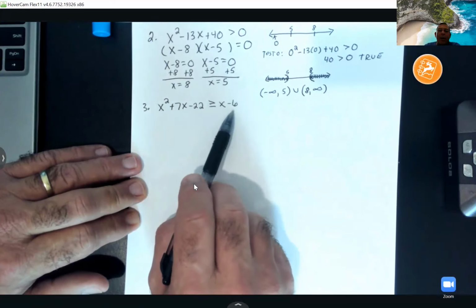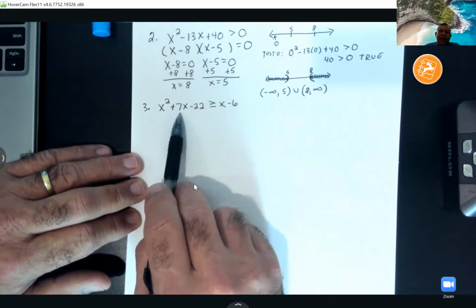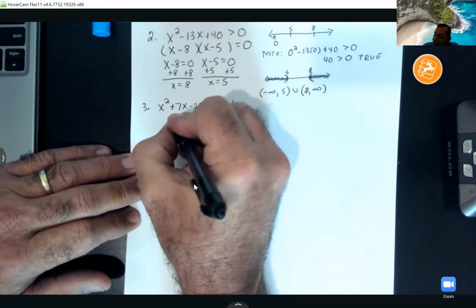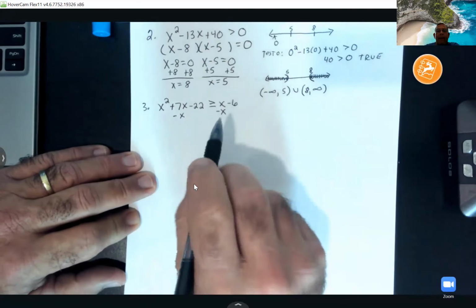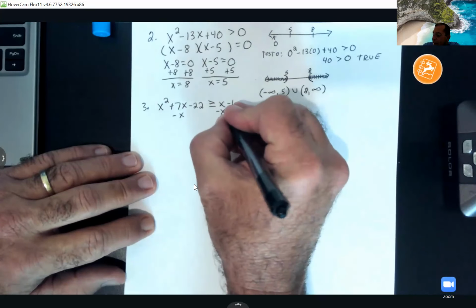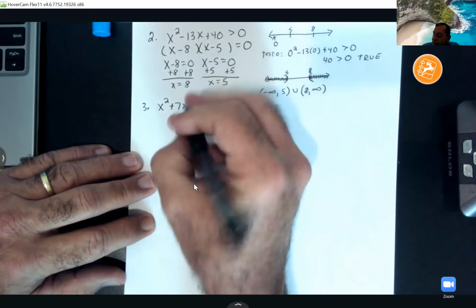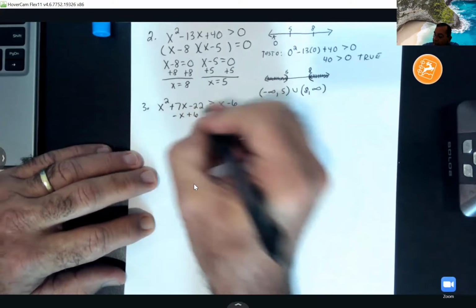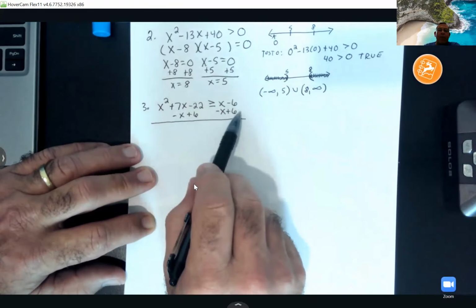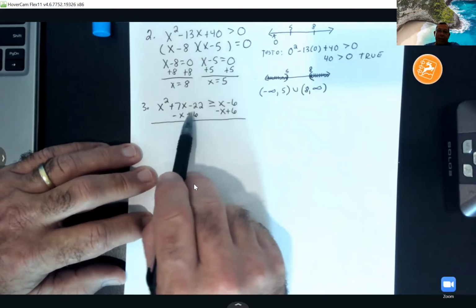So we need to move both of these to the other side. So I'm going to move the x by subtracting an x from both sides. I'm going to move that negative 6 by adding a positive 6 to both sides. So we're going to move both of them at one time on this, okay?